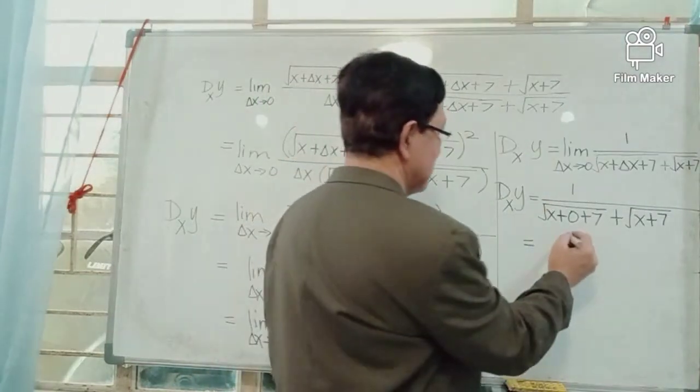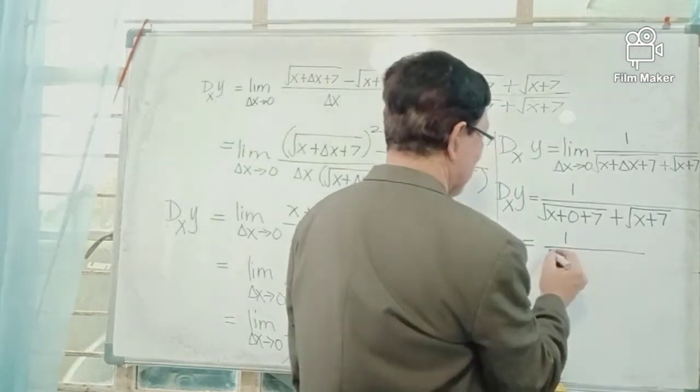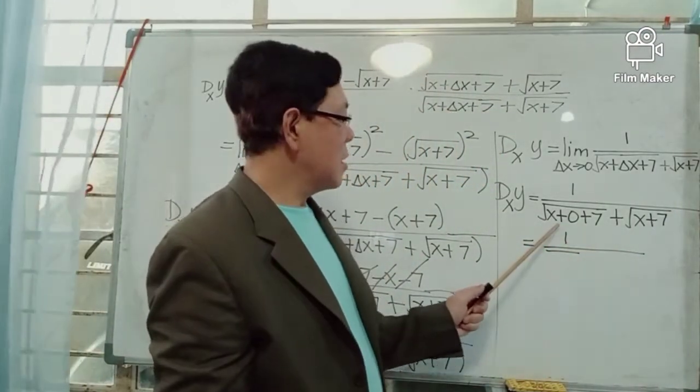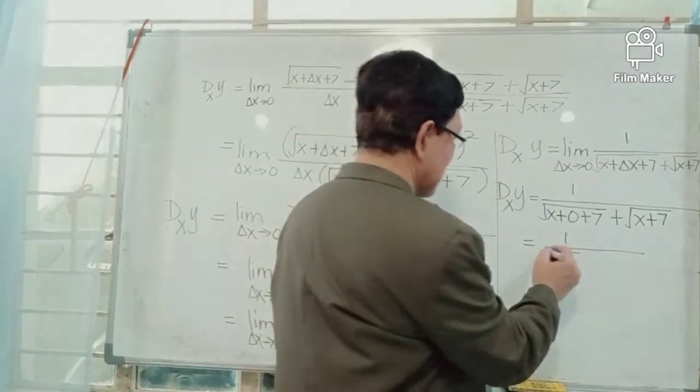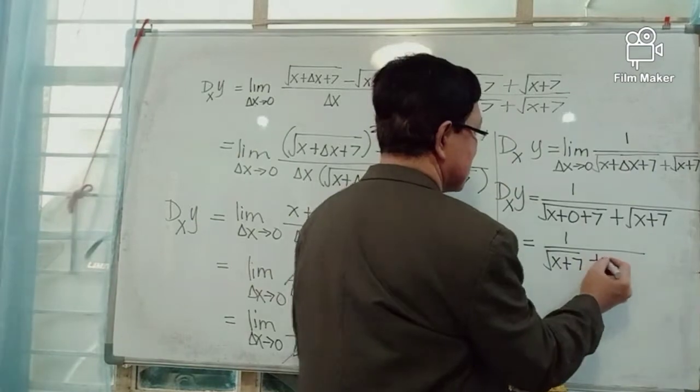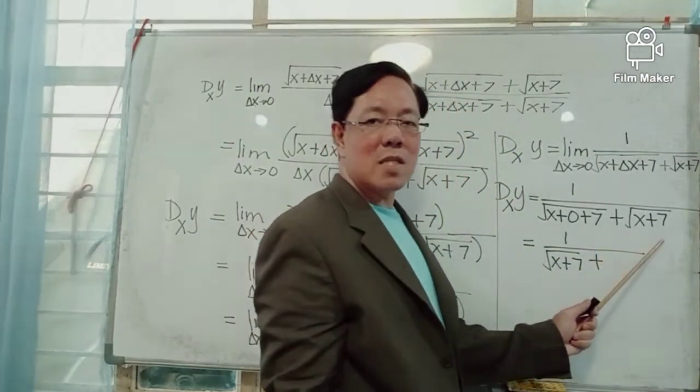Numerator is 1 over the square root of x plus 0 plus 7, which is x plus 7, plus the square root of x plus 7.